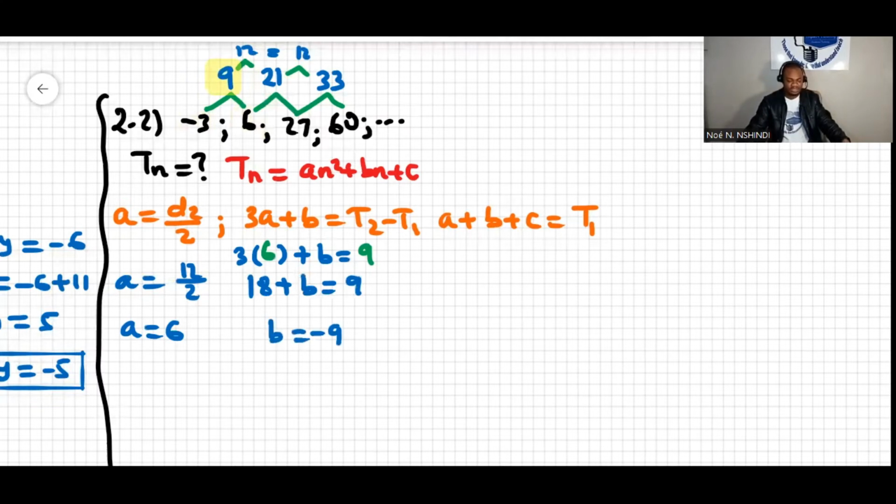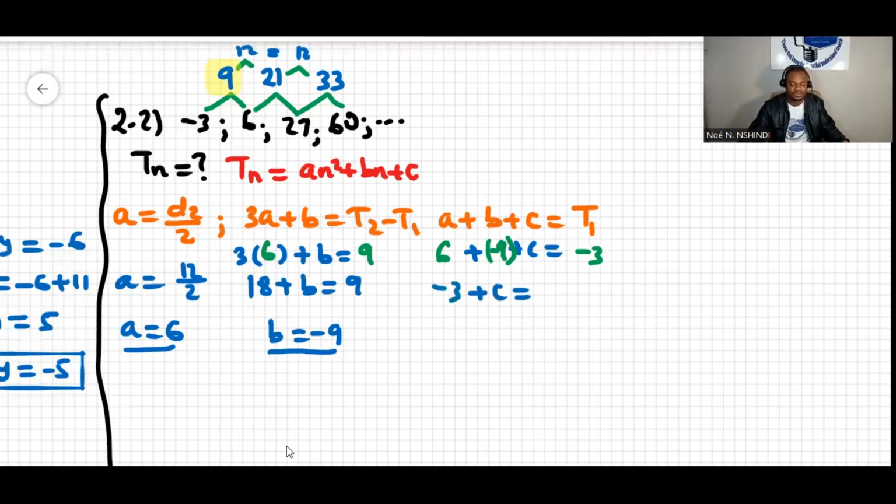And then to find c, a plus b plus c equals term 1. The value of a is 6, and b is -9, plus c equal to term 1, which is -3. That will be -3 plus c equal to -3.